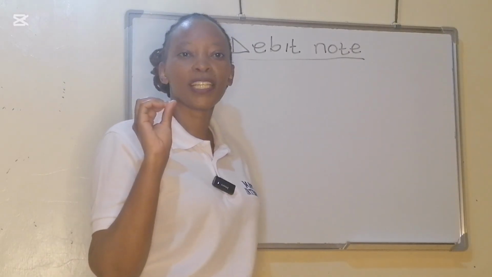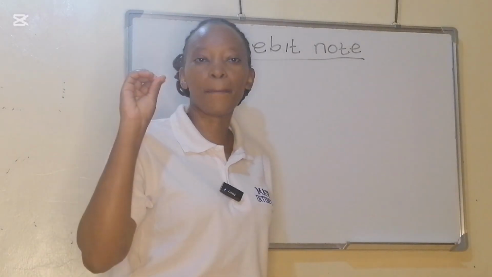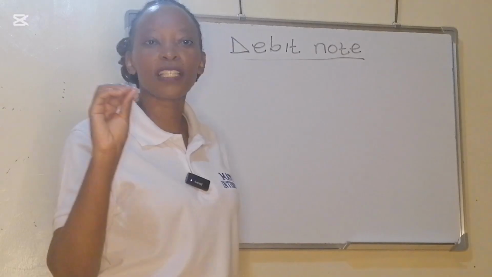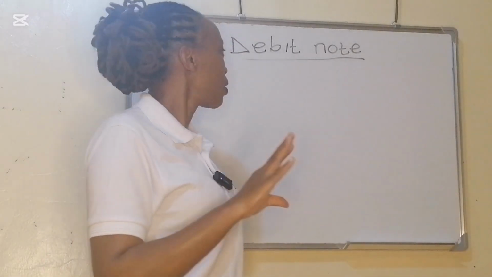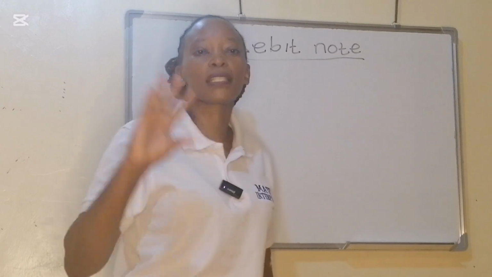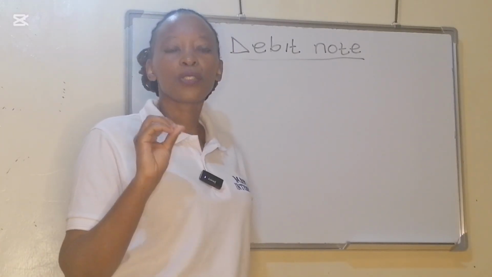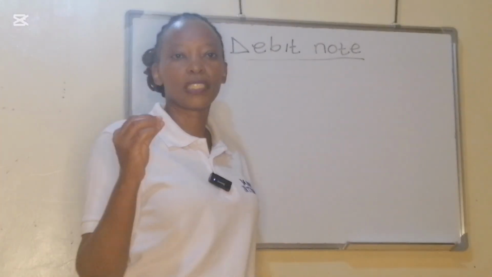What you do is write a debit note of the remaining amount, send it to the customer, and then claim the remaining amount. So, the debit note is used to claim the remaining amount.